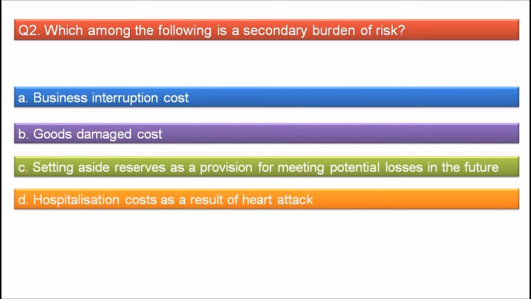Hospitalization costs as a result of heart attack. Most of the students will choose hospitalization, right? It is not correct. Setting aside reserves as a provision for meeting potential losses in the future is known as secondary burden of risk. Yes friends, C is the correct answer.